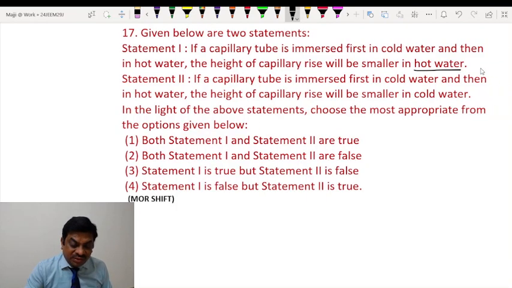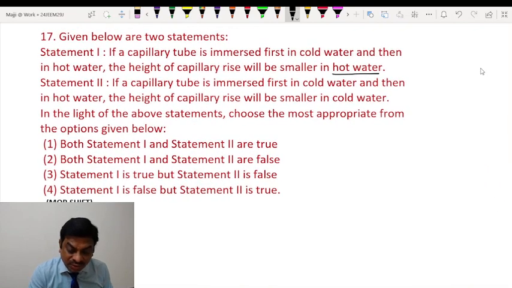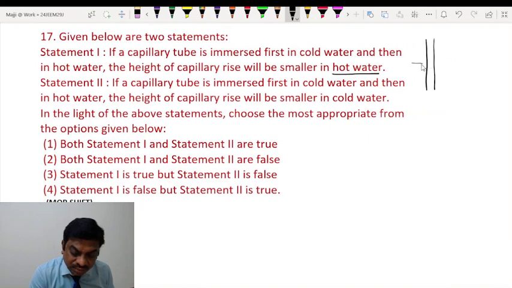So if the surface tension decreases, then capillary rise must decrease, because the formula for capillary rise is h = 2T cos theta upon r rho g, where theta is the angle of contact.